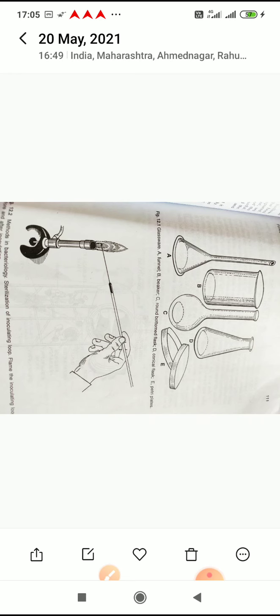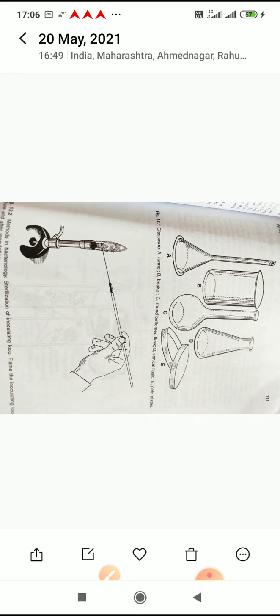For example, red rot. In the case of sugarcane, the symptoms of red rot appear on the midrib, and with the help of a hand lens, these lesions are visible and it confirms that it is red rot.